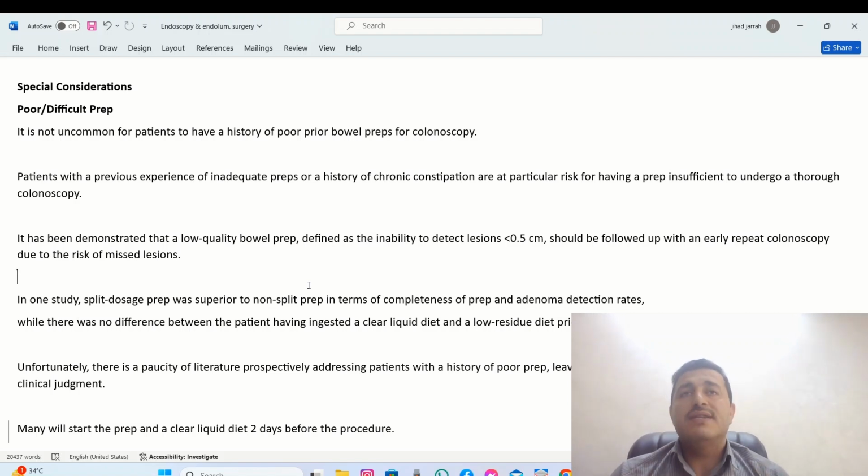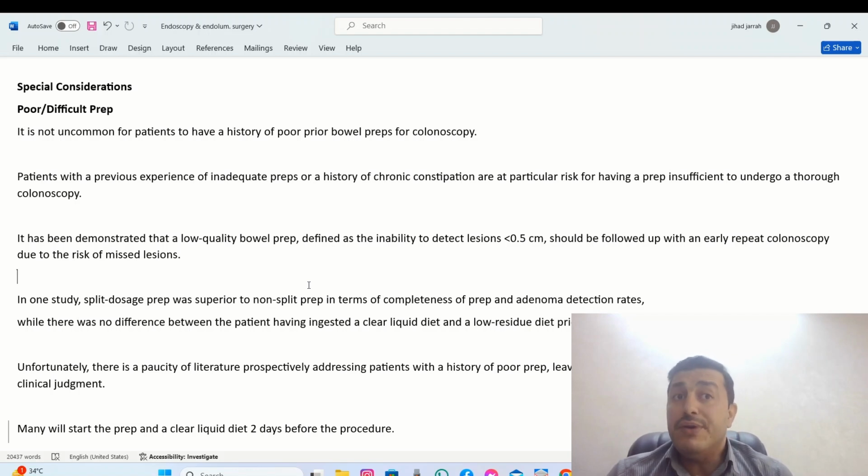We said previously that about a quarter of the patients in the United States who underwent colonoscopy are poorly prepared, and actually there are 2 main risk factors for poor preparation.